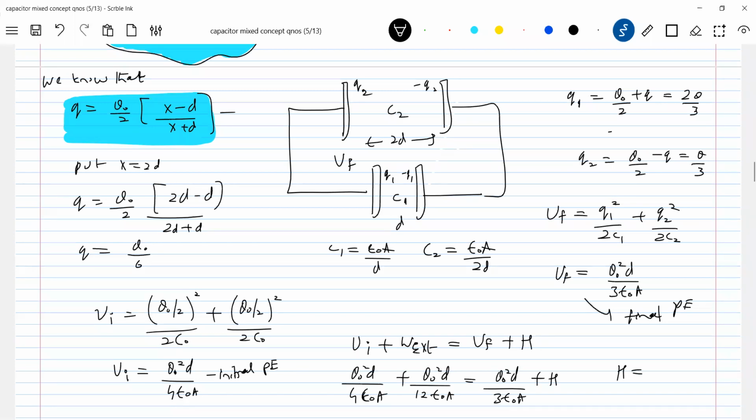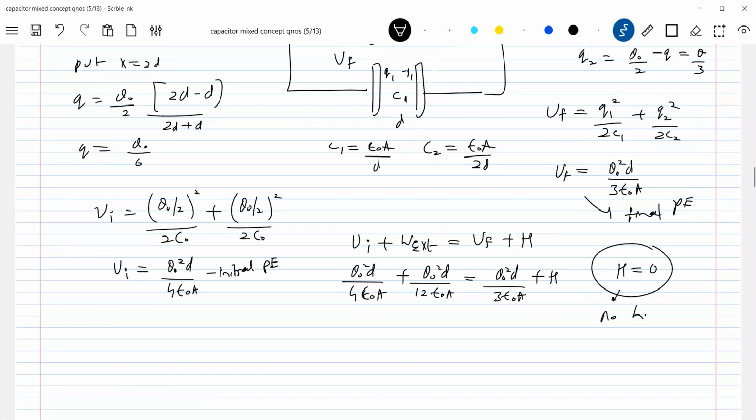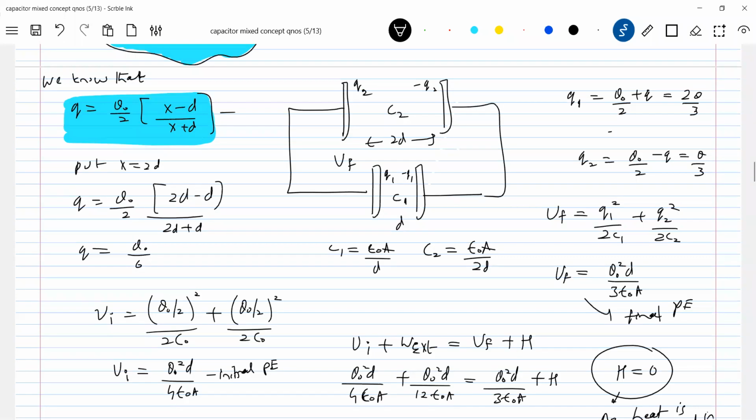Anybody value? 0, sir. 0. So no heat is generated. Some books have given the wrong answer. You have to be careful.